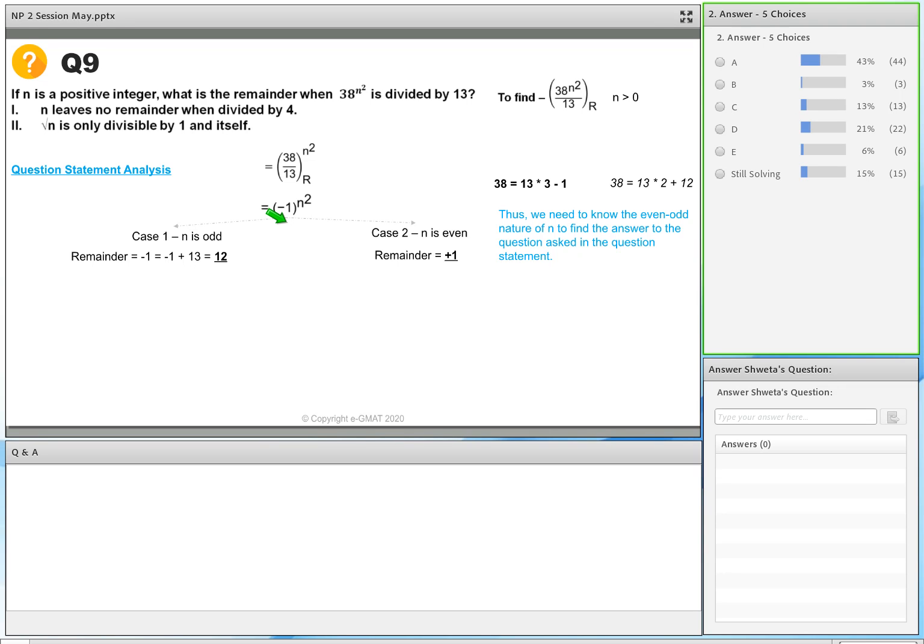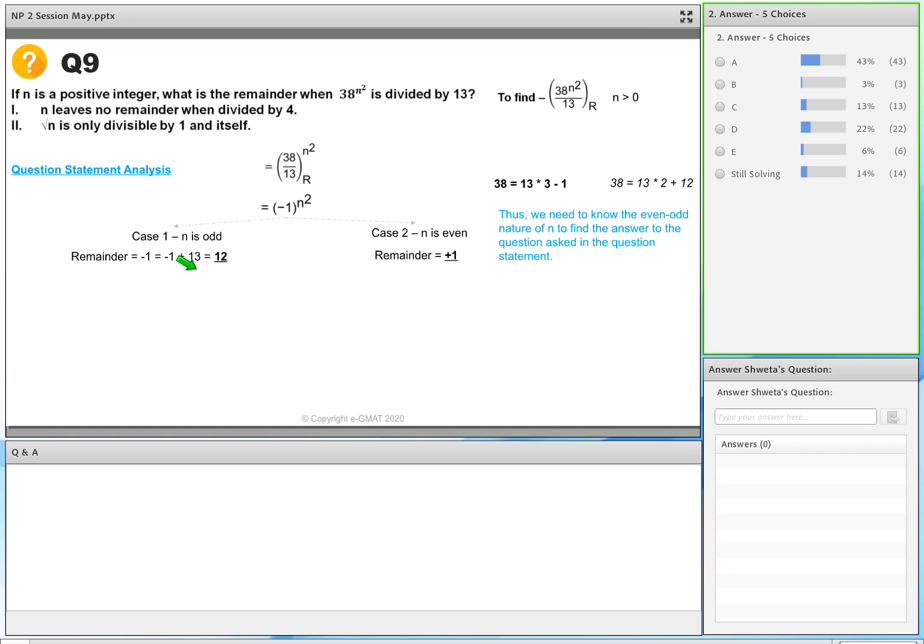Now it really depends on two cases. This n could be even, could be odd. If n is odd, then n squared will also be odd. The square of any odd number is odd, right? So in that case, the final remainder will be minus 1, which you will then have to convert to the positive version by adding the divisor 13. So in that case, the remainder would be 12.